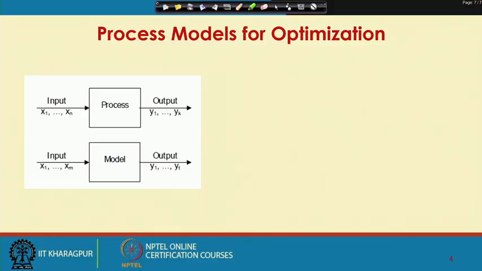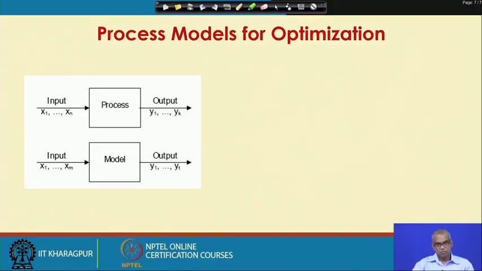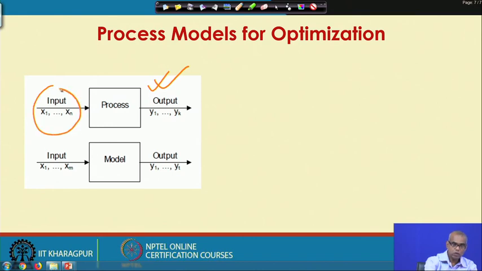If you look at this diagram, first consider this. In the box we have written process, a set of inputs goes from x1 to xn to the process, and these are the responses or outputs from the process, which are y1 to yk.